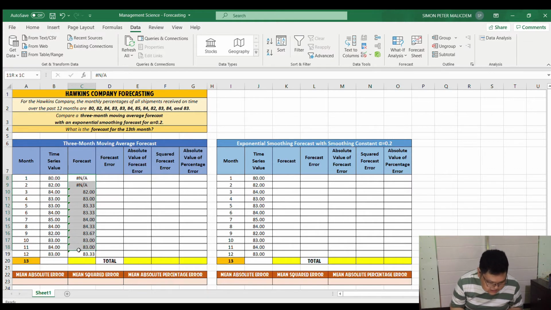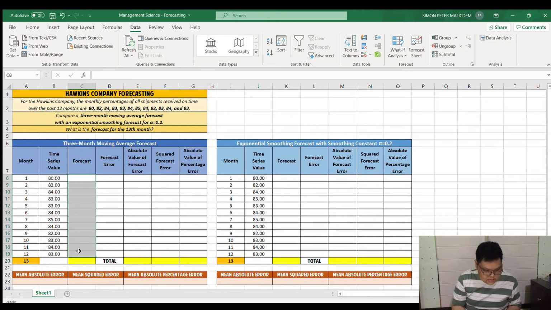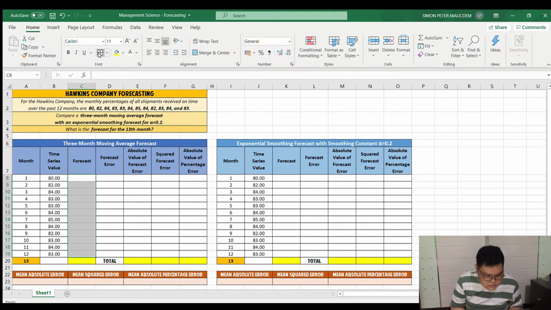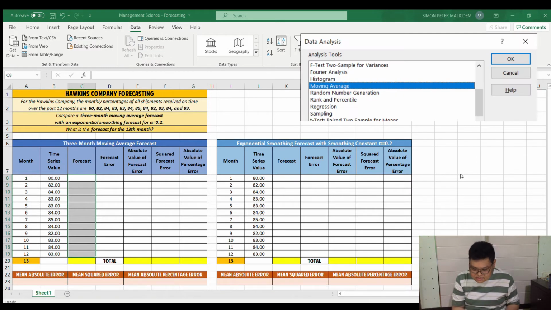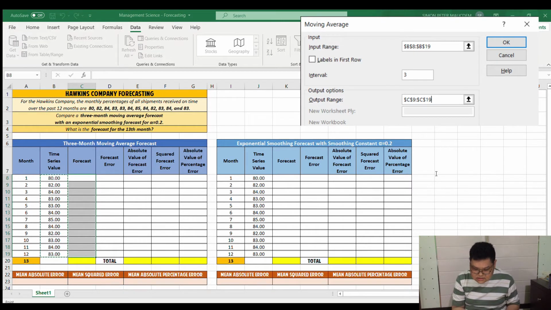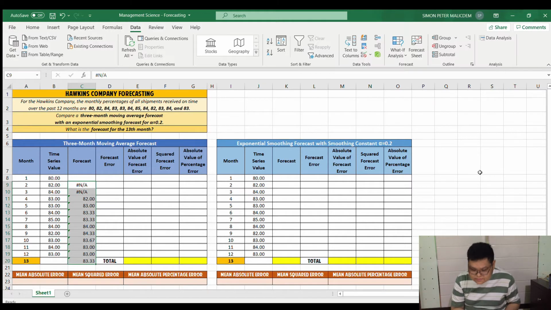So let's delete this. Go to data once again. Data analysis. Moving average. Input range. Interval 3. Output range, we're going to start with the second month. Okay. Click OK.